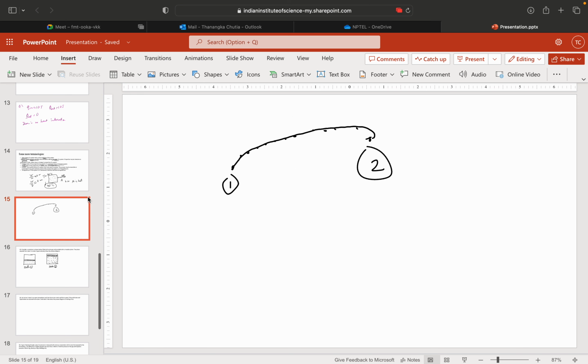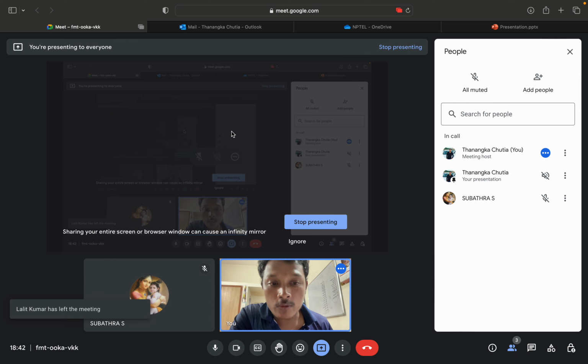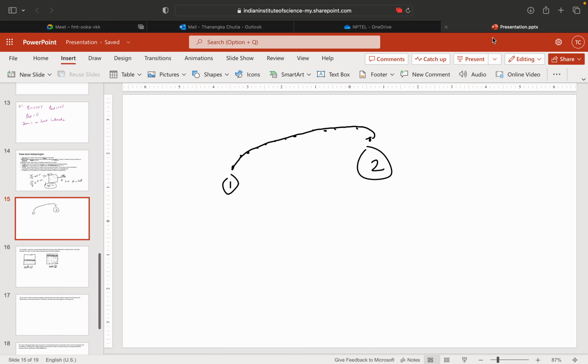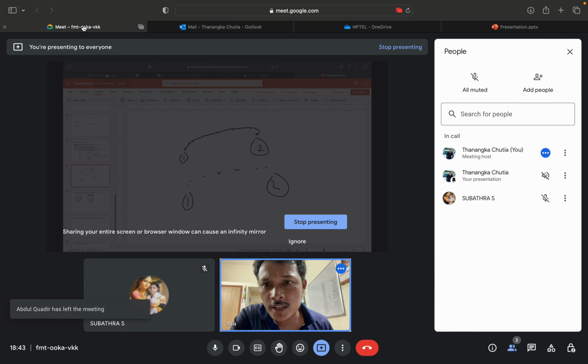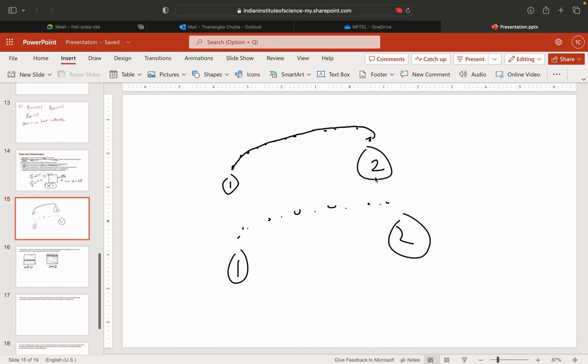Now when can you say a process is reversible, and when irreversible? Suppose from going from point 1 to point 2, there are a number of states, and you know each and every state. That means the gap between these points is very small, very minor.